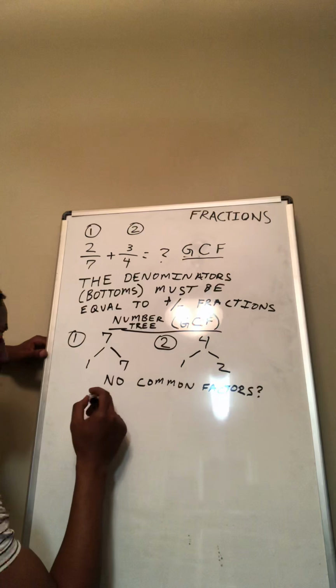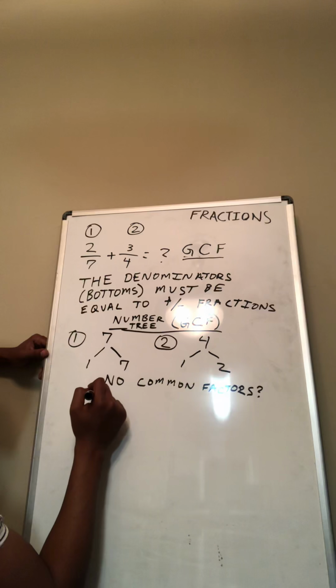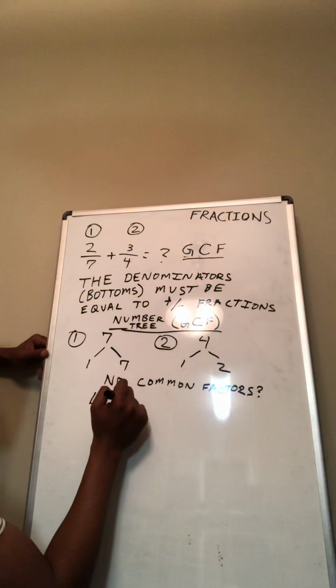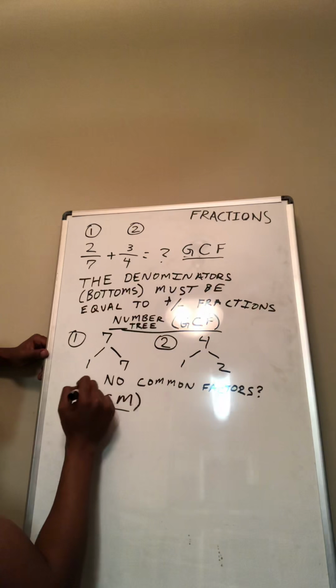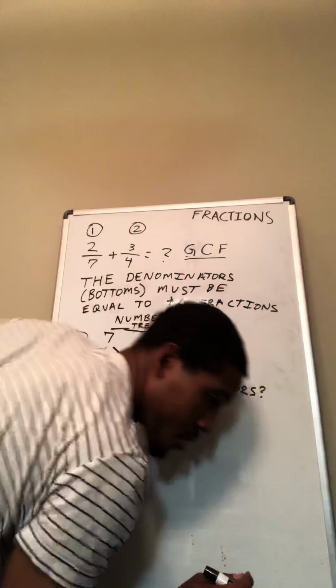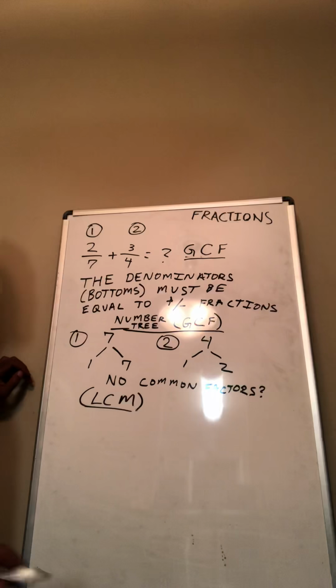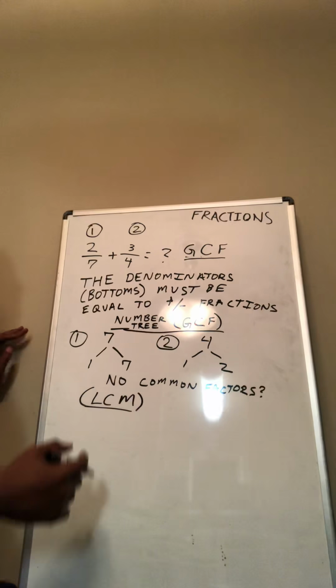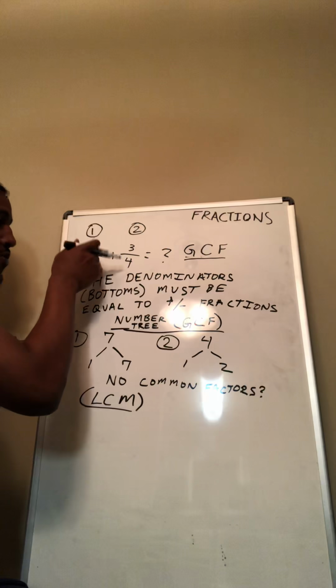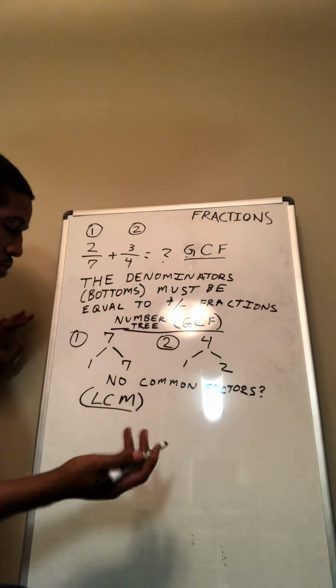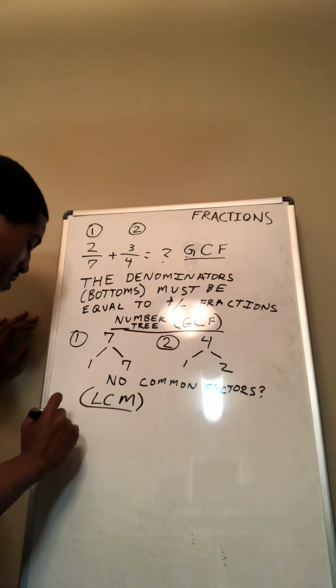So the least common multiple is defined as LCM. And multiples are just the next number in sequence of this value.